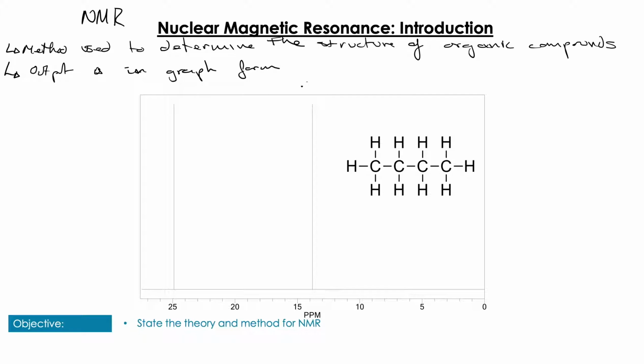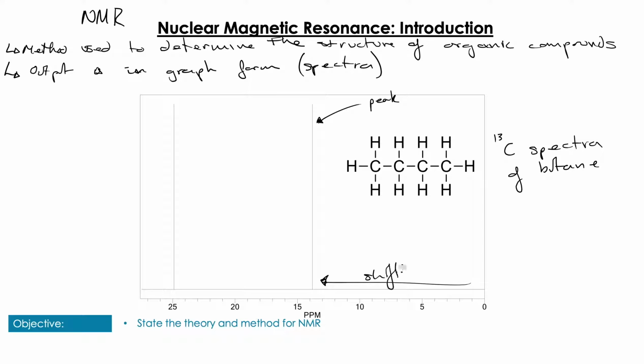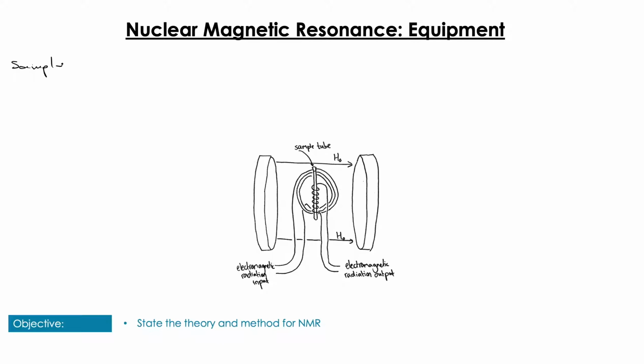In this example, this is a carbon-13 NMR, which we won't use, but it has a similar pattern where we see a peak and we see a certain shift.